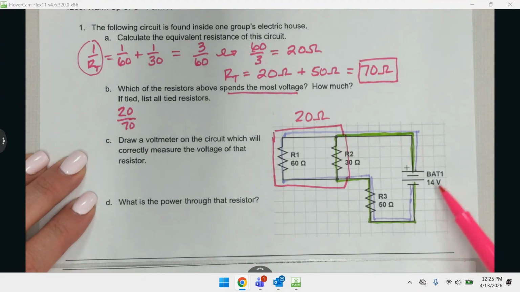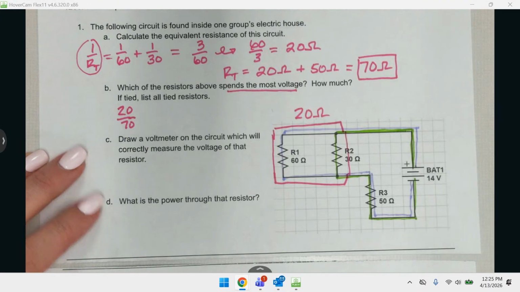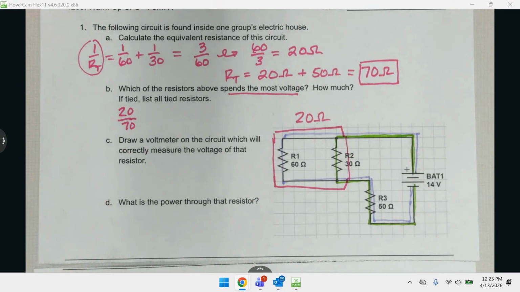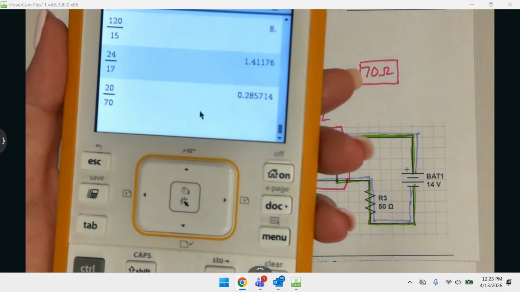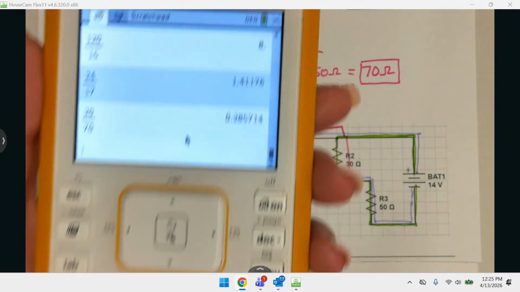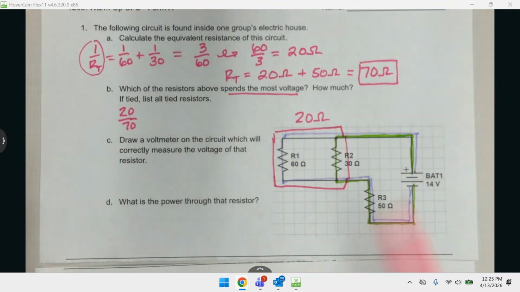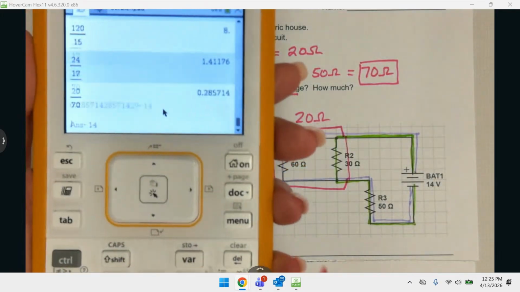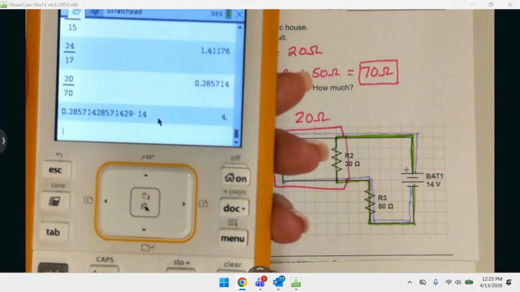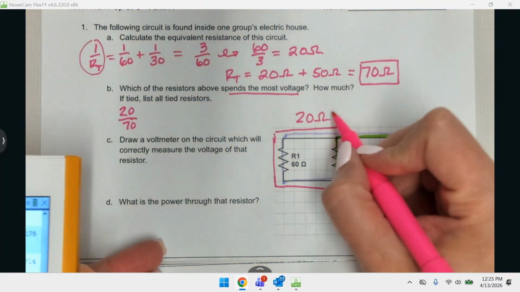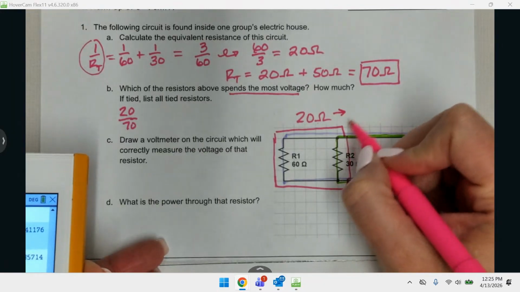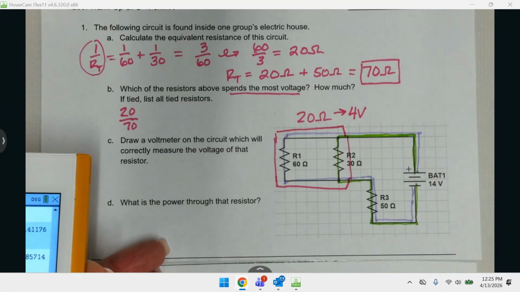And then you could multiply it by the total voltage, because the voltage is going to split proportionally according to the resistance. So 20 divided by 70 is about 28.6%, 0.2857. And then I just multiply that number times 14. Again, this is one way to do it. And that gives me a voltage drop of 4. So this total resistance in this section gives me a 4 volt drop.